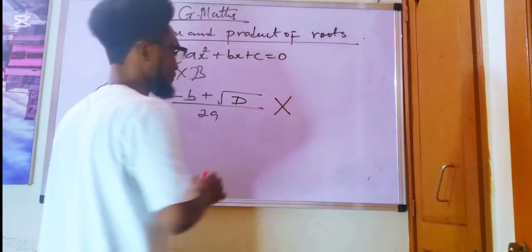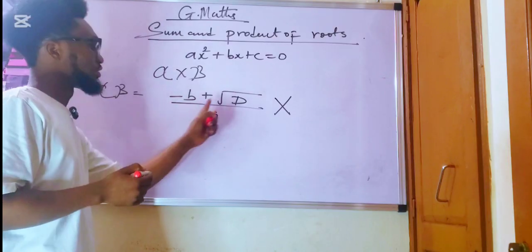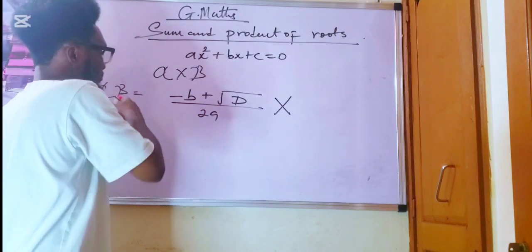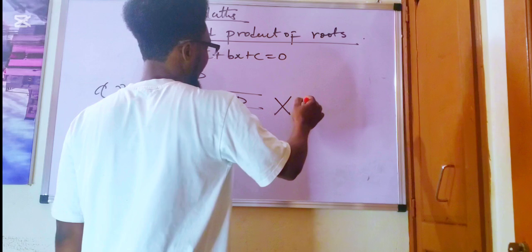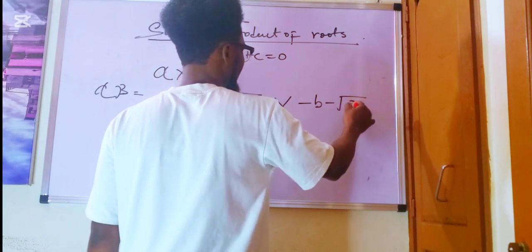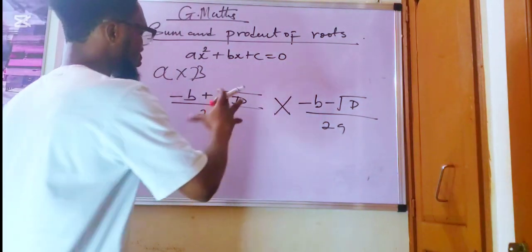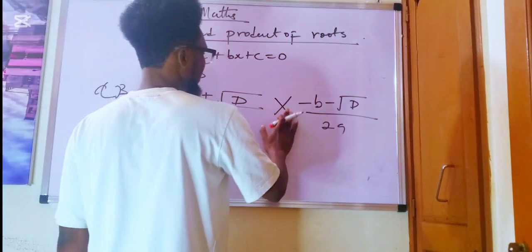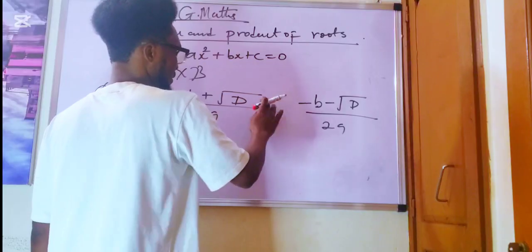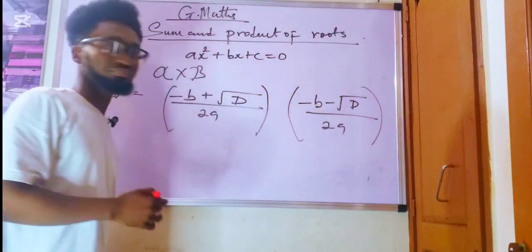Multiplied, because we are multiplying the two roots, by beta here, where we have minus b minus square root of d divided by 2a. Okay, so to make it more understandable, let us just bracket it. Let's bracket this and let's bracket this.